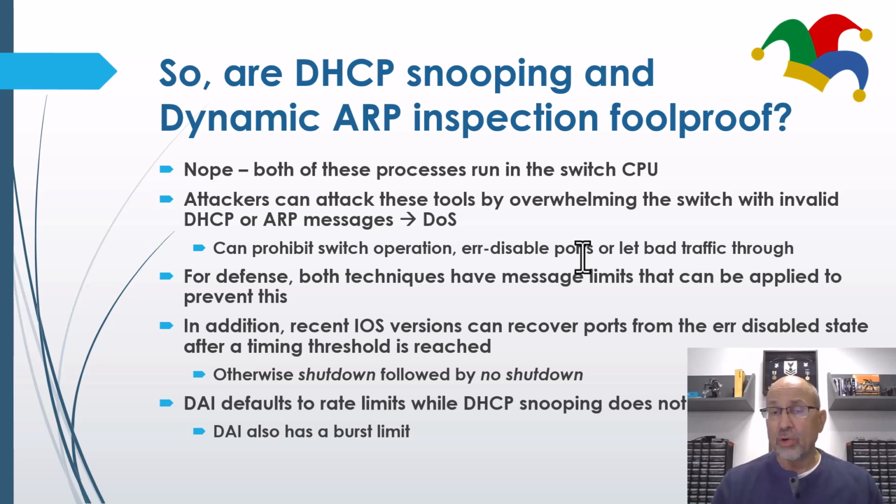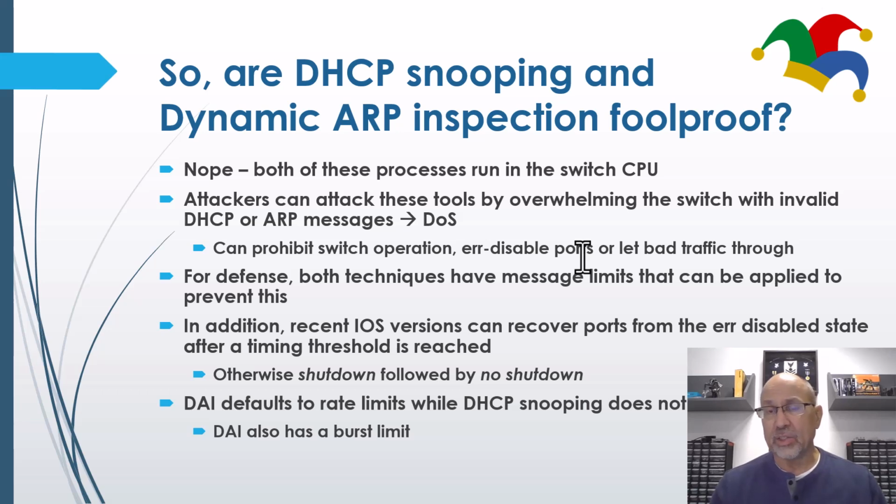If an attacker knows that you're doing DHCP snooping or suspects it, or if you're doing dynamic inspection or both, what they can do is flood a switch with invalid traffic and at a minimum get you to shut down ports or prevent traffic, but you can also overwhelm a switch. Remember that a switch is a very fast device. It's doing the processing of the source and destination MAC addresses, but also the CRC. And now when we do these two tools, we're asking it to do more stuff. And so if you throw a lot of traffic at it, you can overrun the switch's CPU.